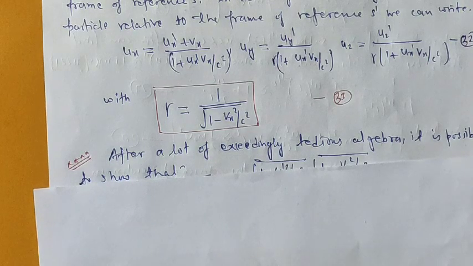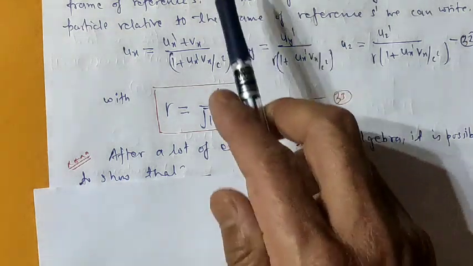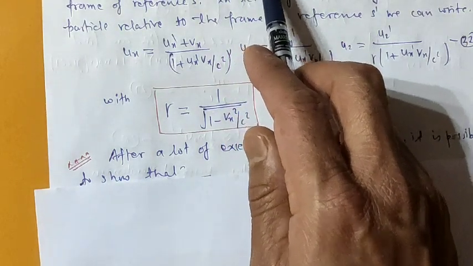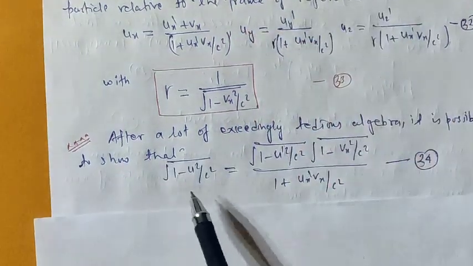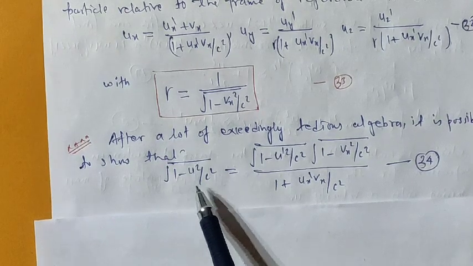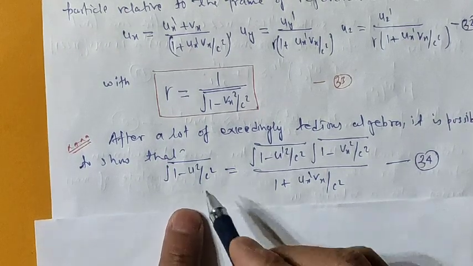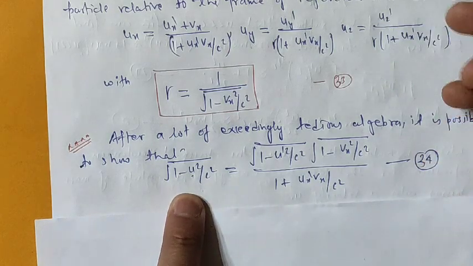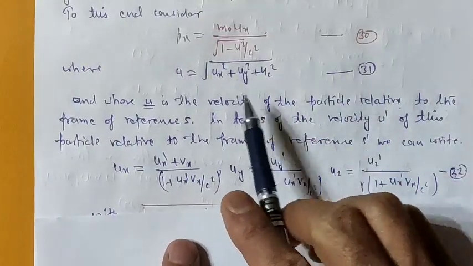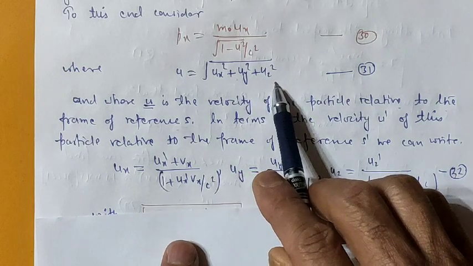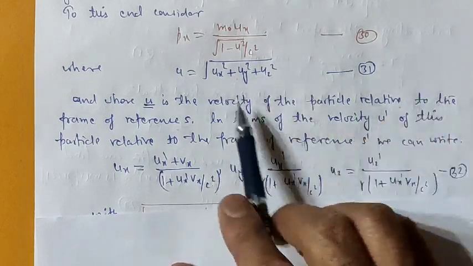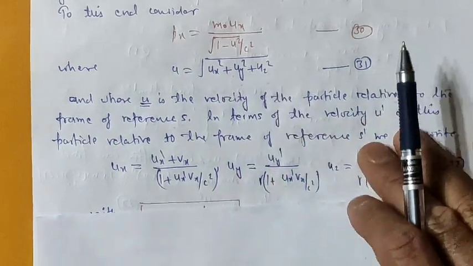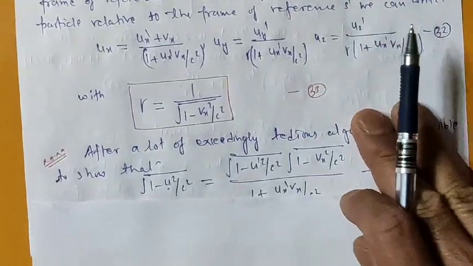Now I define the term root of 1 minus u square divided by c square, putting u square from equation number 31, that is ux square plus uy square plus uz square, with values from equation number 32.